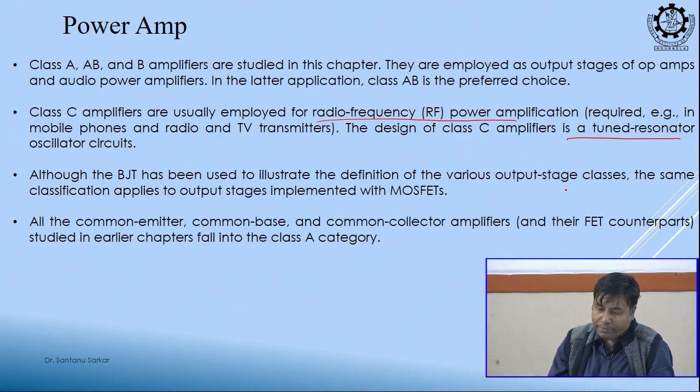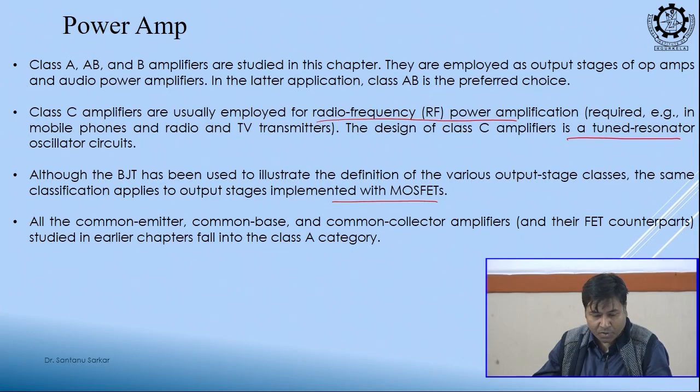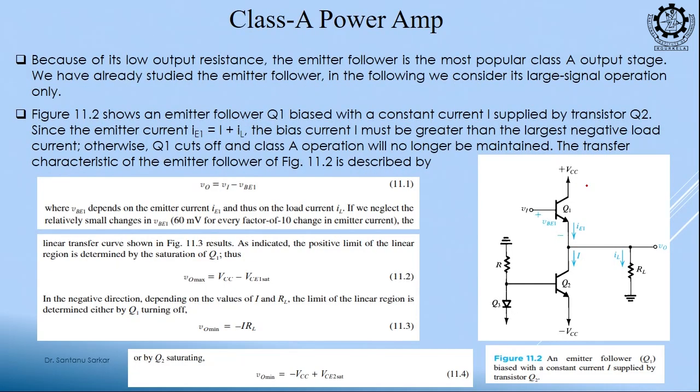Although we will be defining most of the things with BJT, because BJT has more power driving capability and is more robust, nowadays MOSFETs are also used. In the class A category we have already discussed those.